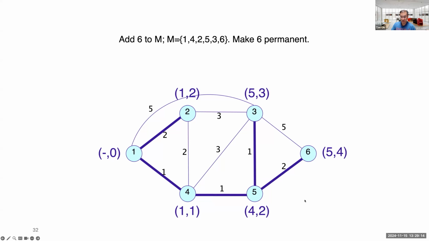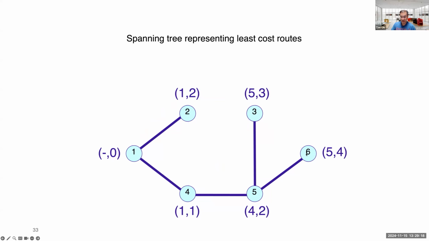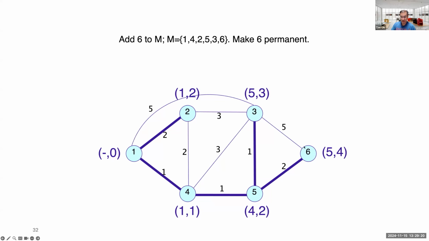From node 6, it looks at the options. It's better to go through 5. Here is a 4. If you go here, 5 here and 5 here, that's 10. It's higher. Over here 3, then 5, 3, and 2, that's 10 too. So that is higher as well.